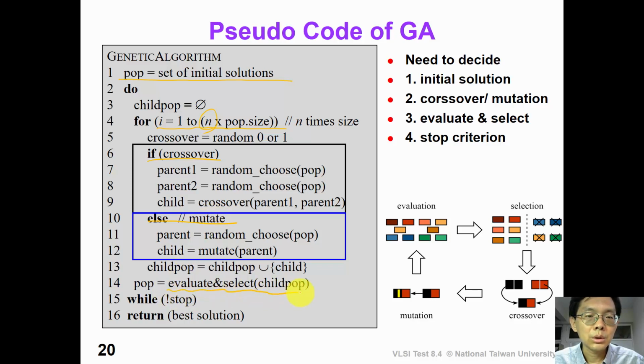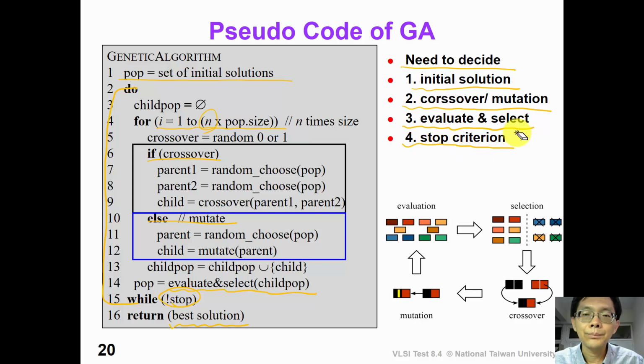Then we evaluate and select the best children for the next generation. We repeat this loop until a stop criterion is met, and we return the best solution of the population. During this process, we need to decide what the initial solution is, how we are going to do the crossover and mutation, how we are going to evaluate and select the next generation, and what the stop criterion is.